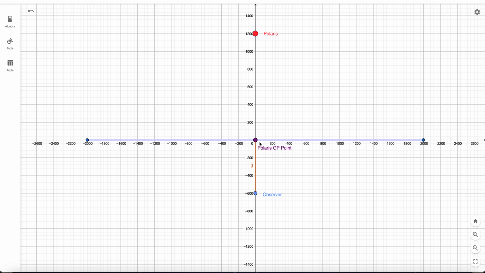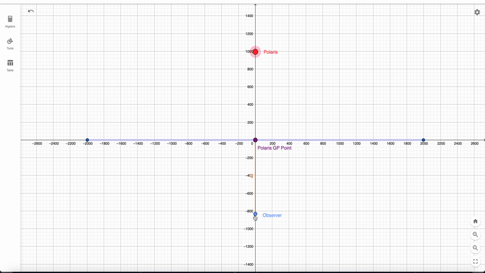So if this is the GP point of Polaris here, and this is an observer, the closer the observer is to the GP point, the higher Polaris will appear to be in the sky. So the angle to Polaris for the observer here will be, let's just say, a pretty high angle. As the observer moves back, Polaris will appear to drop in the sky.